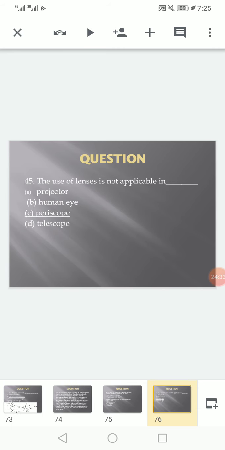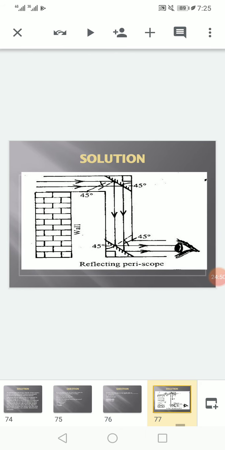The use of lenses is not applicable in a periscope. I've said this before. The use of lenses is applicable in a projector, it's applicable in human eyes, it's applicable in a telescope, but it is not applicable in a periscope. This is what a periscope looks like.